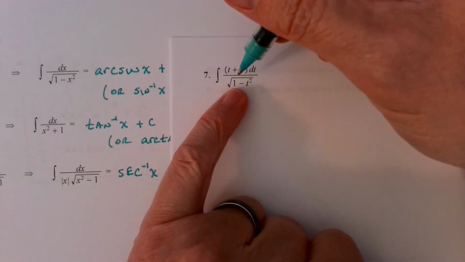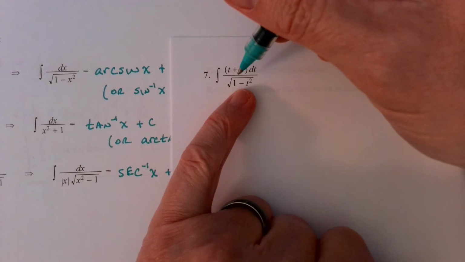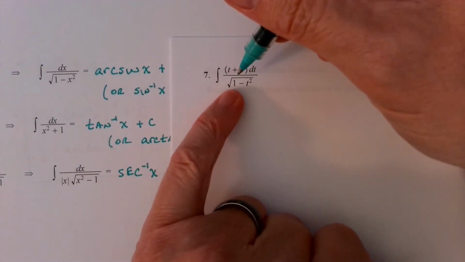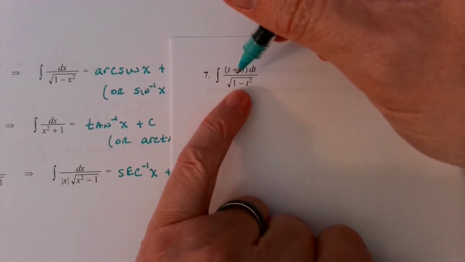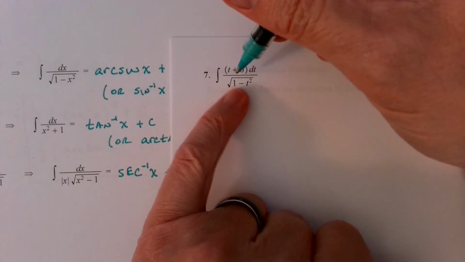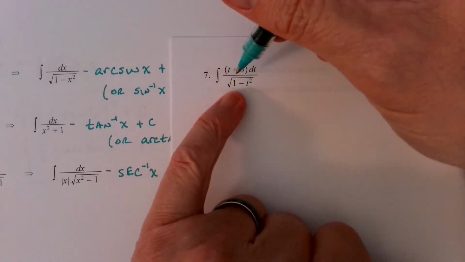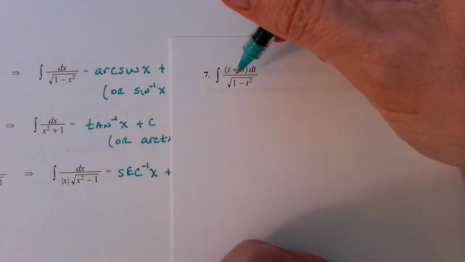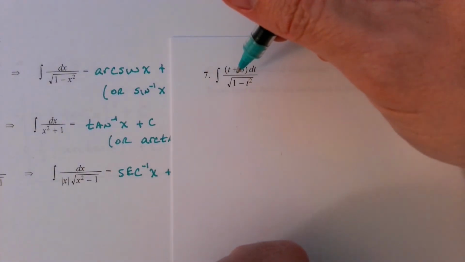If I choose u to be the inner function 1 minus t squared, what's the derivative of 1 minus t squared? Derivative of 1 is 0. Negative t squared would be negative 2t. Well, I would have du is negative 2t dt, and I can adjust that by multiplying by negative 1/2 to get t dt, and it would evaluate as a 1 over the square root of u integral, which is u to the negative 1/2 power, which is just a power rule.